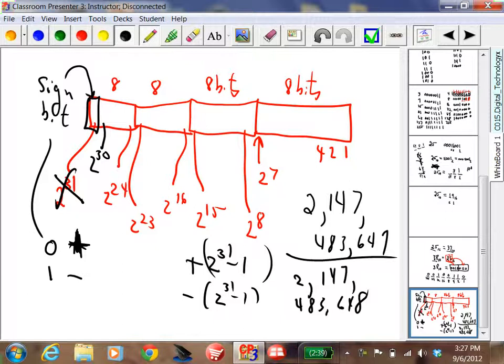If you're dealing with standard integer data types, you cannot put in 2,147,483,648, because that number happens to be 2 to the 31st power.